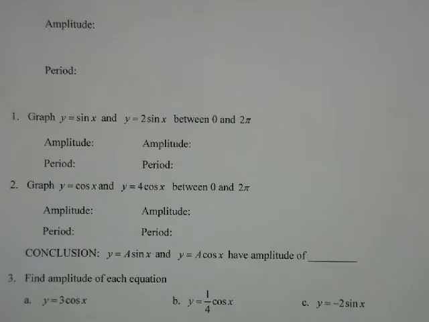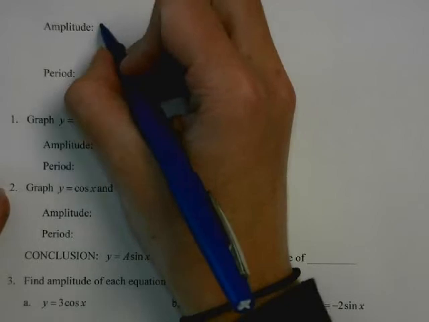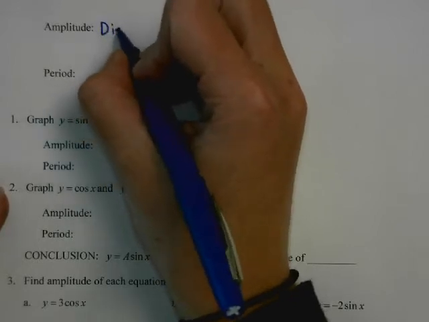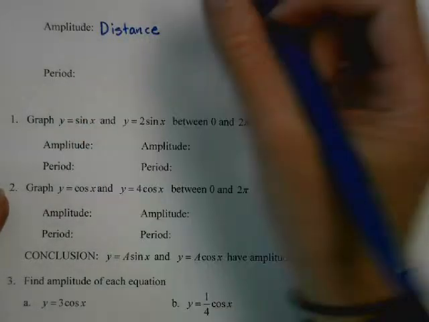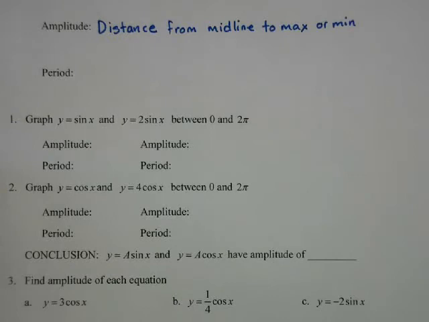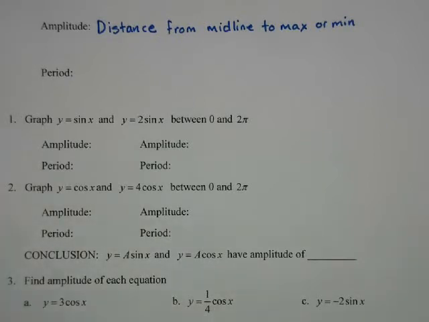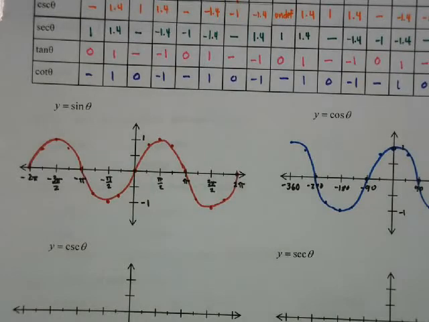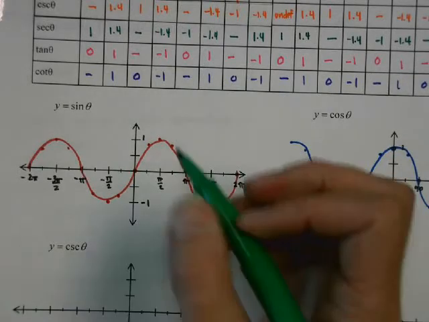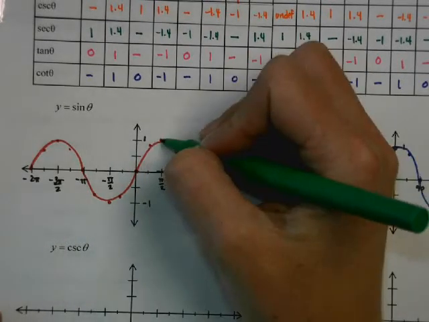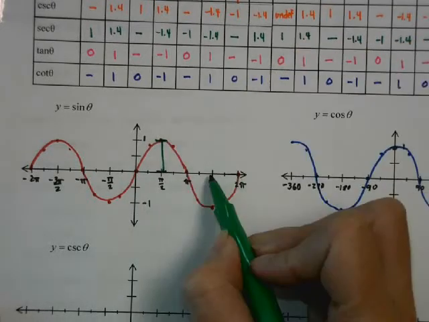So our focus now is going to be on specifically sine and cosine. The amplitude is going to be the distance from the midline to the maximum or the minimum. So referring back to my graph, the amplitude is that distance there or that distance there.